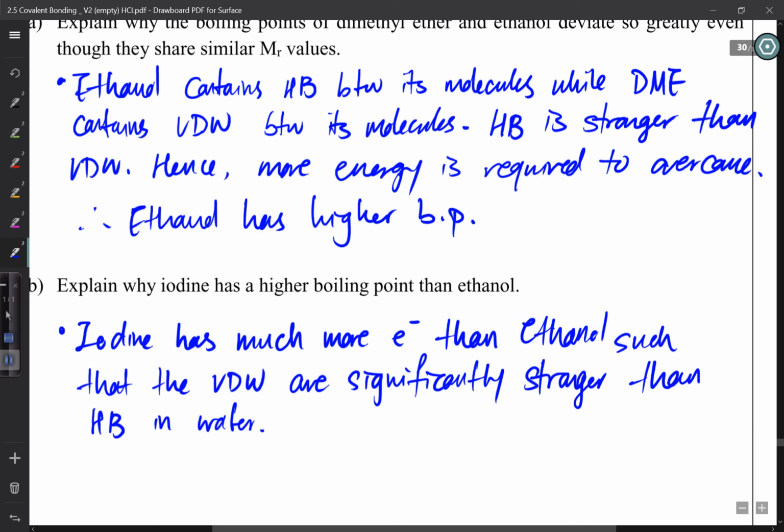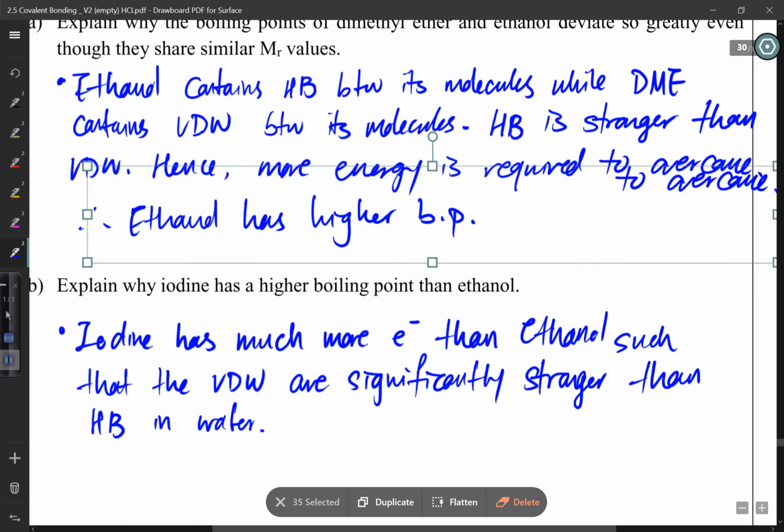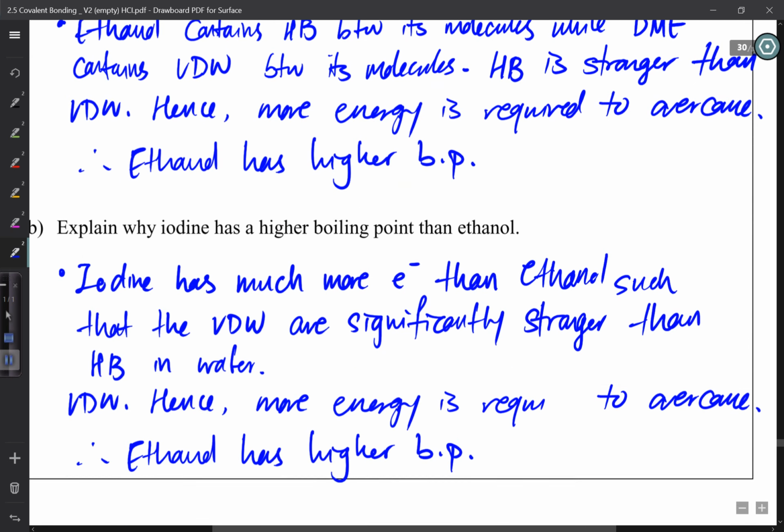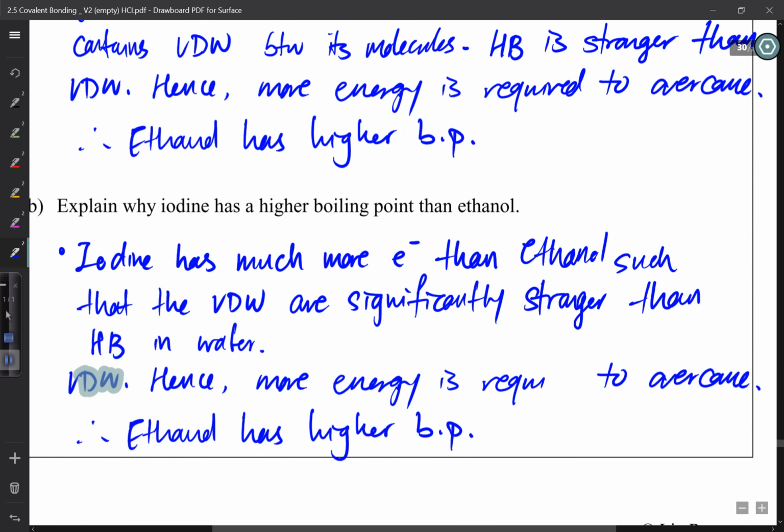Alright. And then you can go ahead and say more energy required, and so on. Let's copy this. Therefore, iodine will have a higher boiling point.